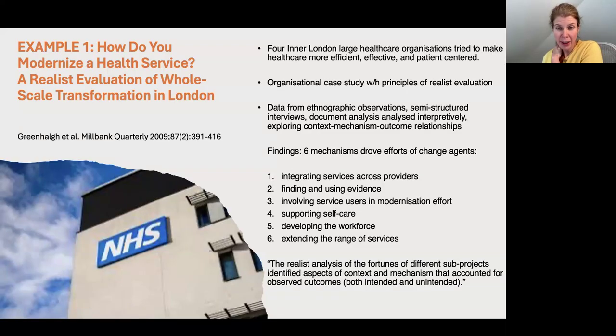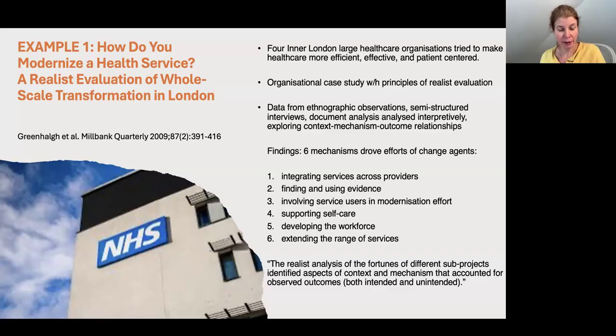So they did big organizational case studies using realist principles, and they collected data using ethnographic observations, interviews, documents, and they tried to map and explore these context mechanism outcome relationships. And they did that in a participatory way by generating a big theory of change and then breaking that down into smaller components and mapping out context mechanism outcome relationships.